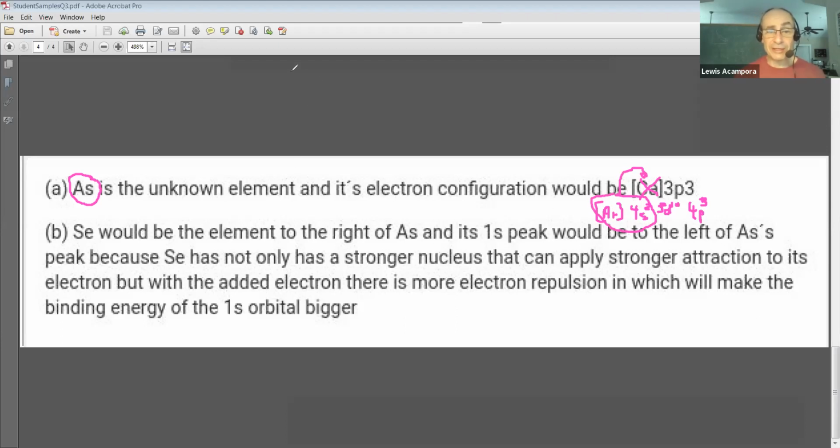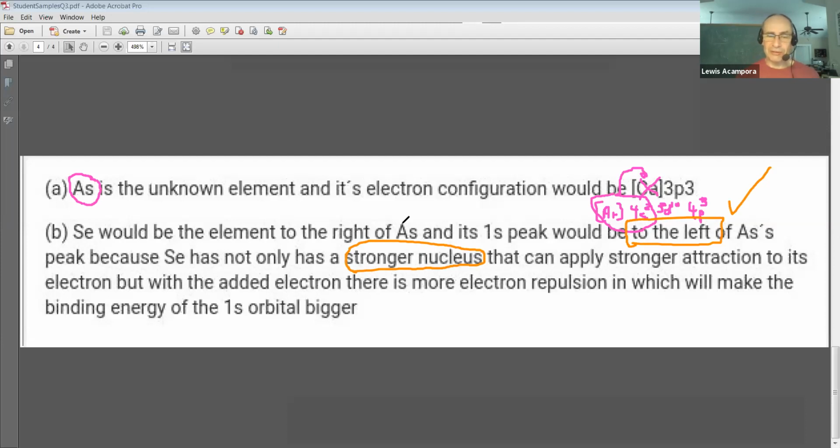But part B is actually quite good, even though the vocabulary might be a little bit non-traditional. The 1s peak would be to the left, and that's good for a point. Because not only is it a stronger nucleus, and I'm not thrilled with that wording, I hope the student would be able to say what they mean a little bit more clearly.